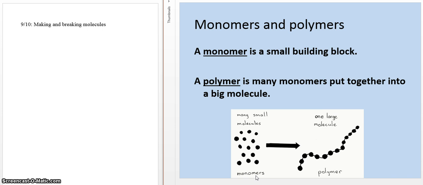Before we talk about how to make and break molecules, we've got to look at some vocab words about molecules. A monomer is a word for a small building block or a small piece.